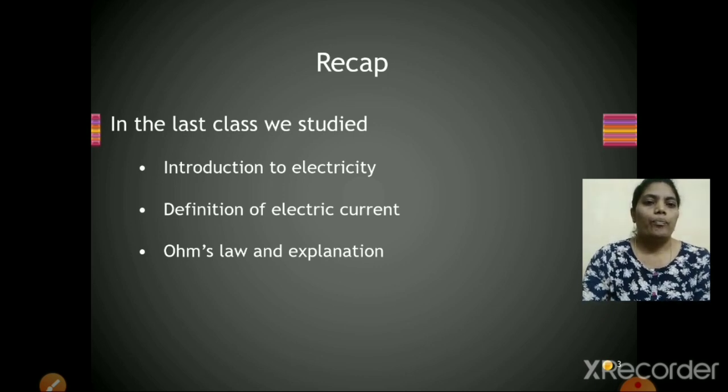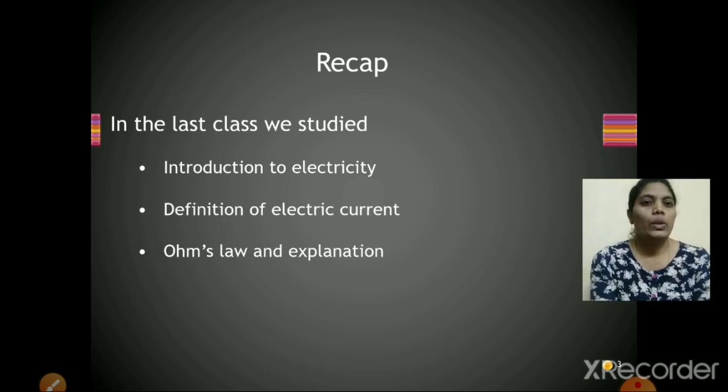Electrically, the force between these two particles is balanced in the nucleus.